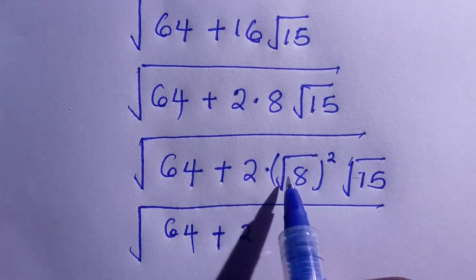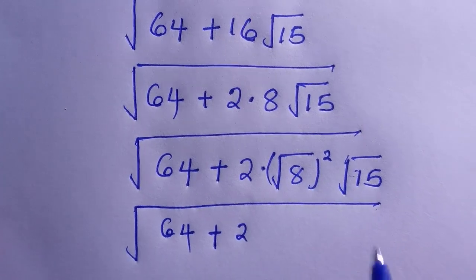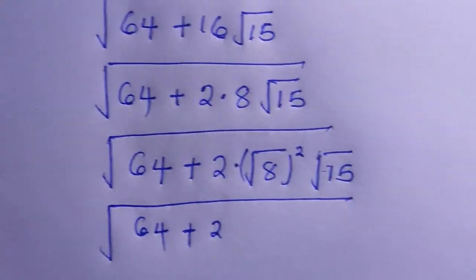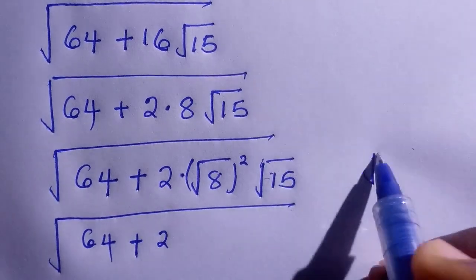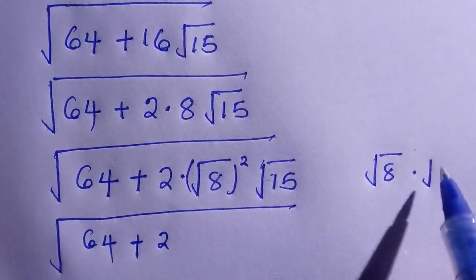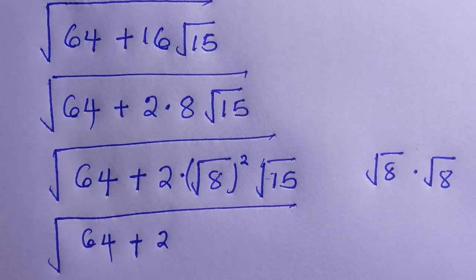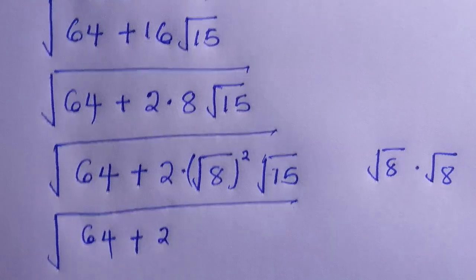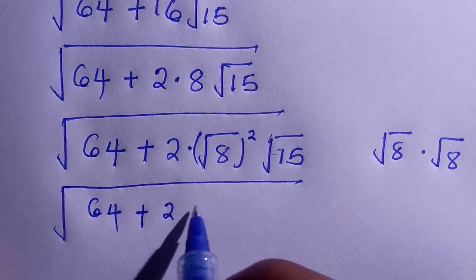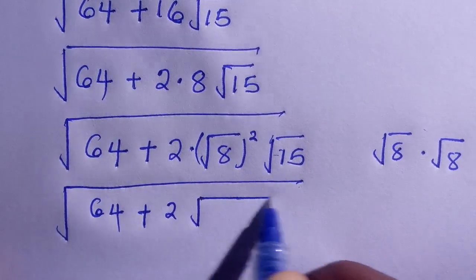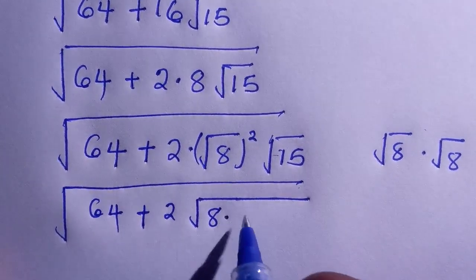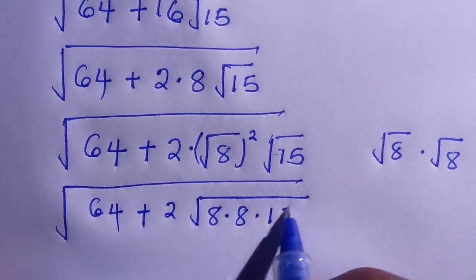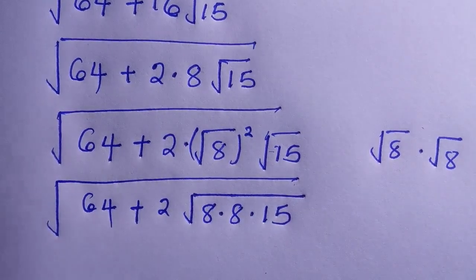So this one, they are having root and root. It's just like this root 8 square. We can break it as root 8 multiplied by root 8. And when we combine everything with this square root of 15, we are going to have square root of 8 multiplied by 8 multiplied by 15.